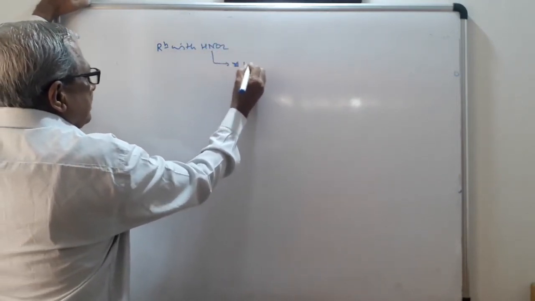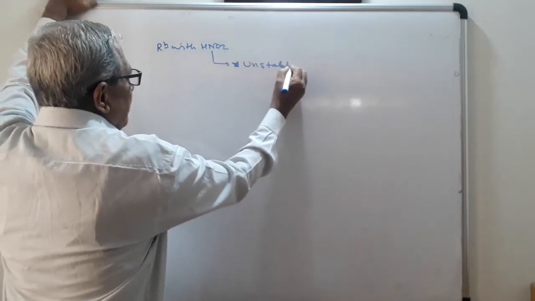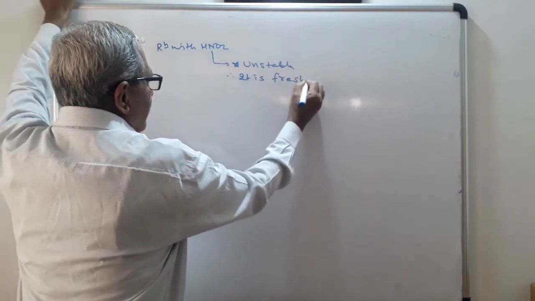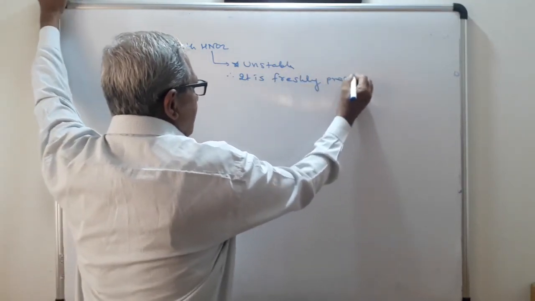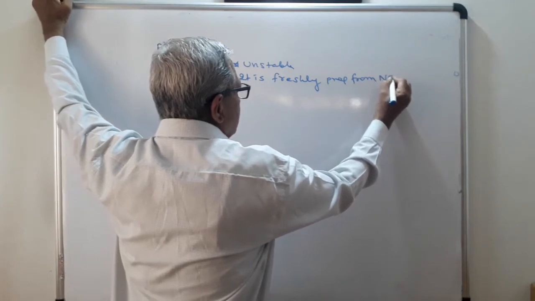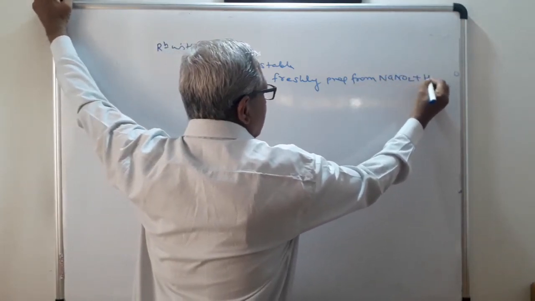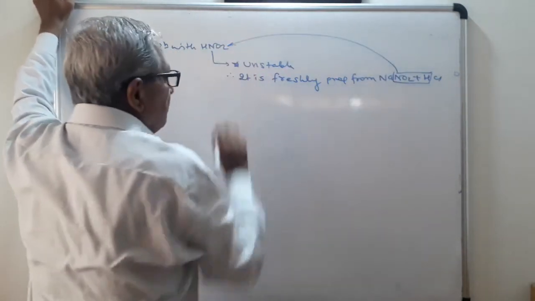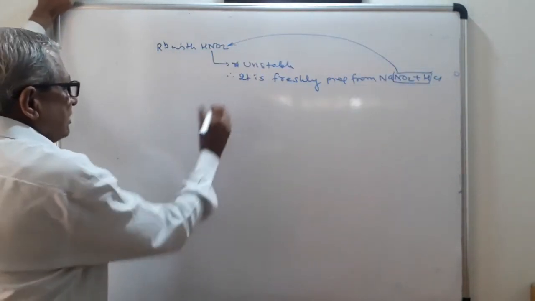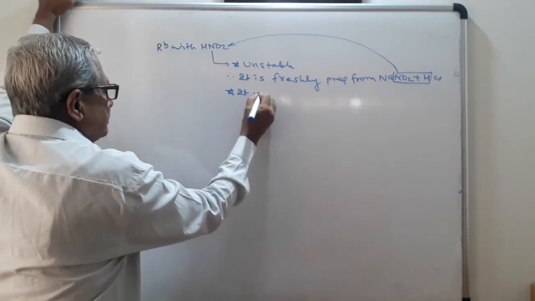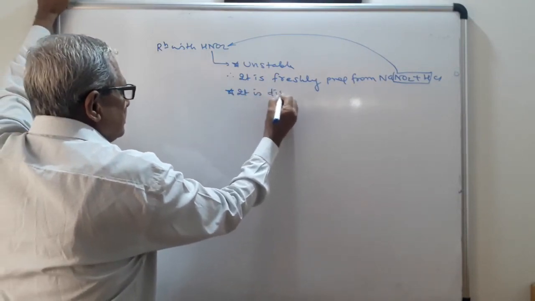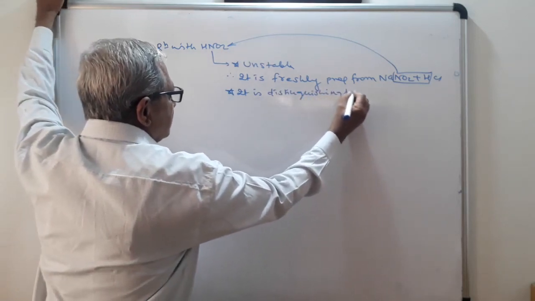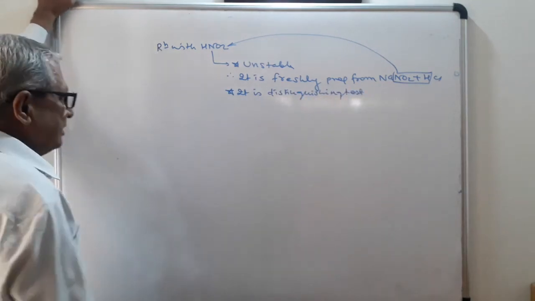First question, it is unstable. Second question, therefore it is freshly prepared from NaNO2 and HCl. In this way you can get HNO2. Byproduct is NaCl. Third question, it is a distinguishing test between primary, secondary and tertiary nitroalkane.